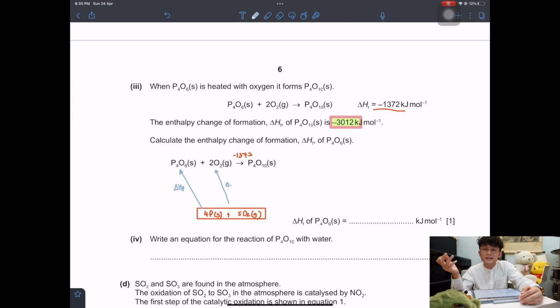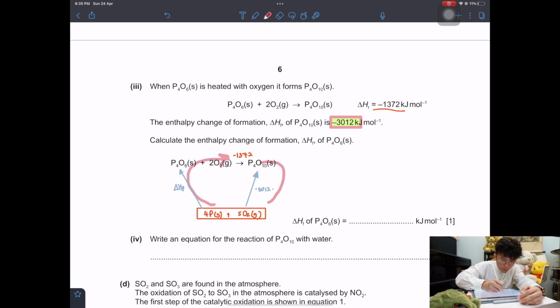Oxygen is already a gas under room conditions, right? So I can cancel this. And P4O10 is given as well, which is -3012. So can you Hess's law cycle it? Clockwise equals anti-clockwise. So delta H of formation plus -1372 equals -3012.